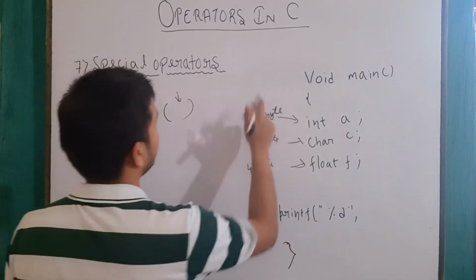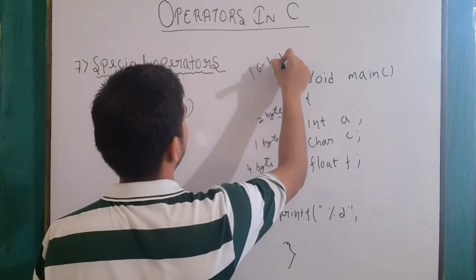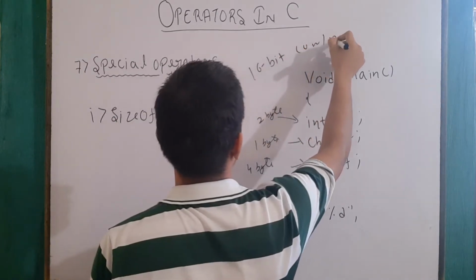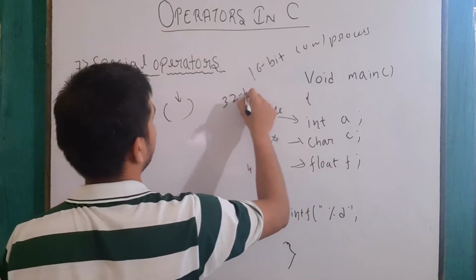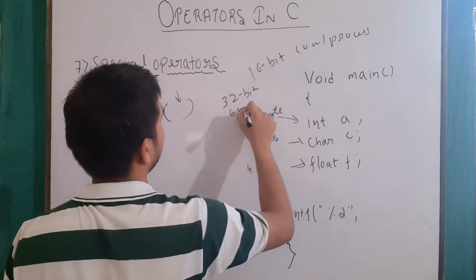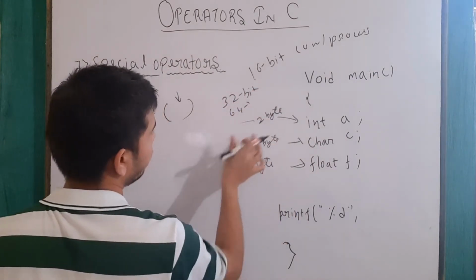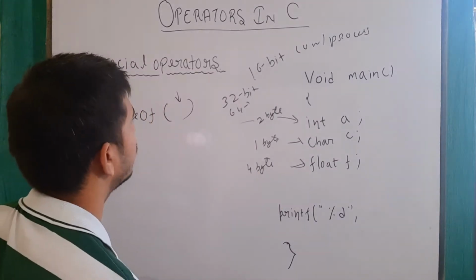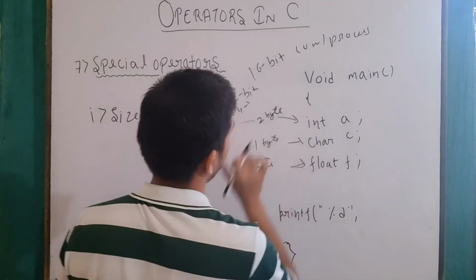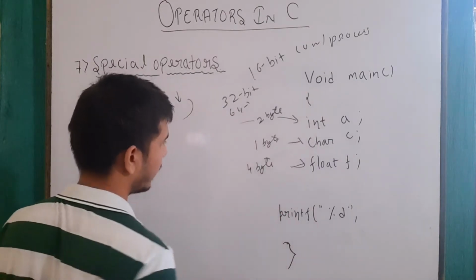I am considering here that it is a 16-bit compiler or processor. When you use 32-bit or 64-bit, the size of int will become 4 bytes and float will become 8 bytes. So I am considering here that an integer is 2 bytes and a float is 4 bytes.